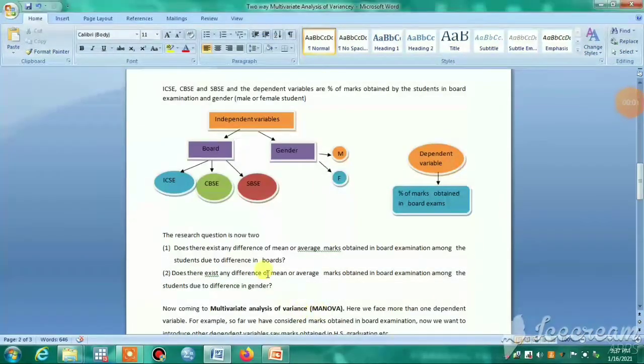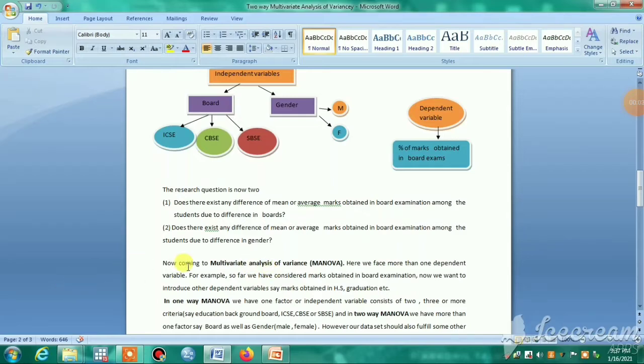Now coming to MANOVA, that is multivariate analysis of variance. Here we face more than one dependent variable. For example, so far we have considered marks obtained in board examination.